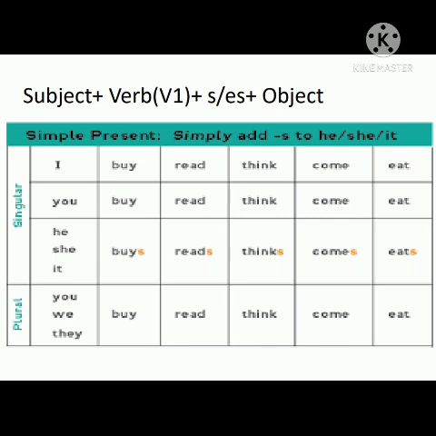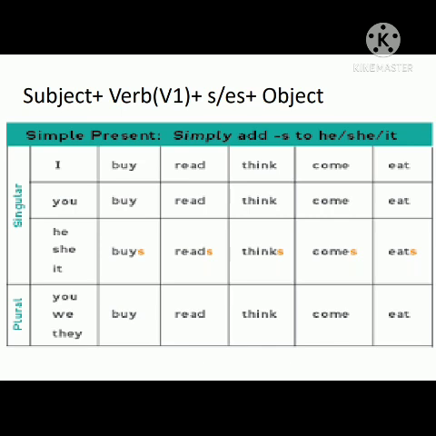For you also, the same thing: buy, read, think, come, eat. But for he, she, it, we have to write s or es to the verb. For you, we, they, again the same thing: buy, read, think, come, eat.